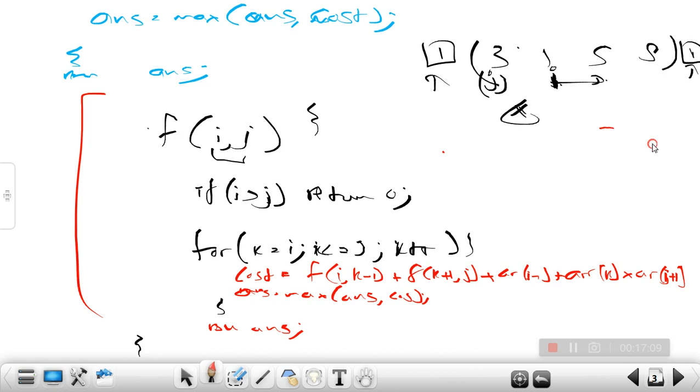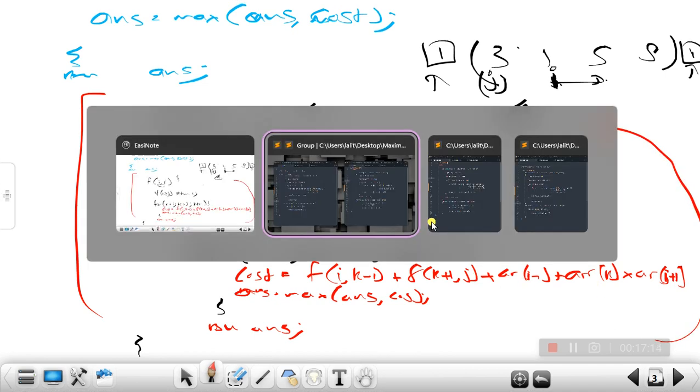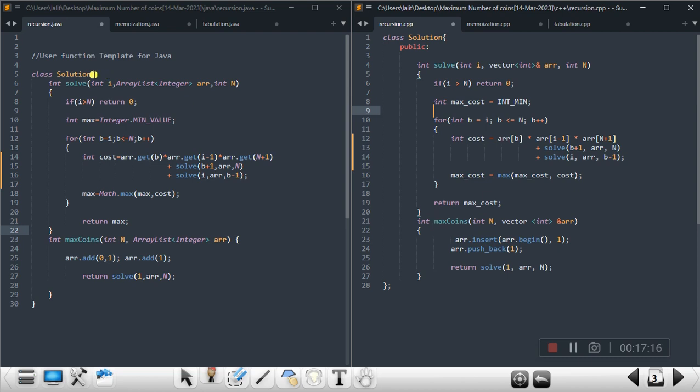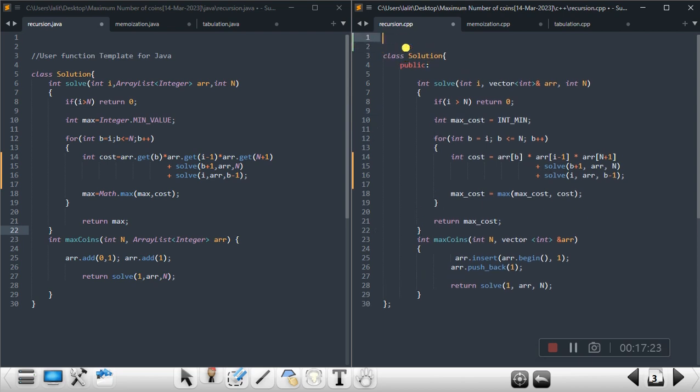This is the pseudocode that I'm going to write, and let me even show you the code. This is the recursive code that I have, and you can see this is the Java code and this is the C++ code. Now what I'm doing is writing the same condition here. I have taken j as my n, but it doesn't matter, the concept remains the same.